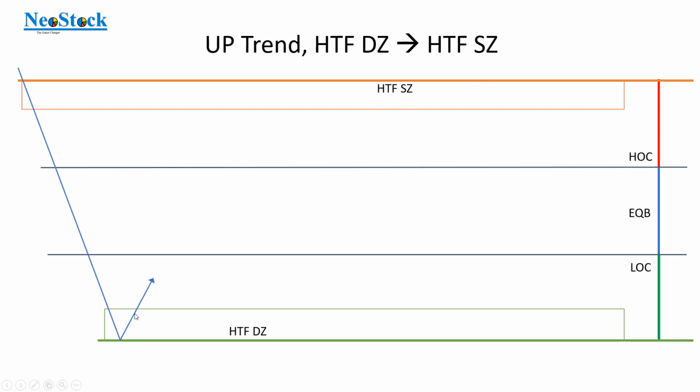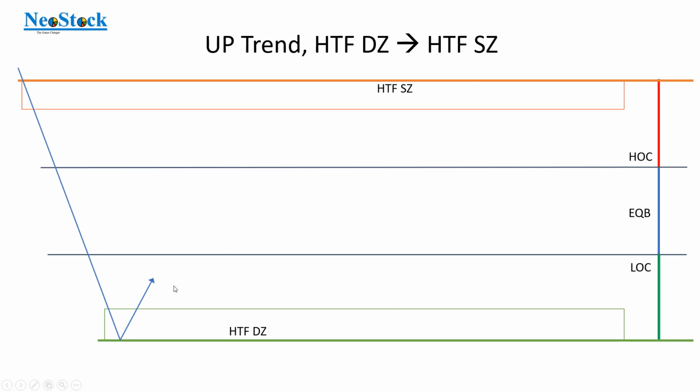When prices are moving from the HTF demand zone to the HTF supply zone during the uptrend, because always we have to trade in favor of the uptrend, the uptrend always supports long trades. HTF demand zone to HTF supply zone also supports long trades. So the trend is supporting and our price direction is also supporting.